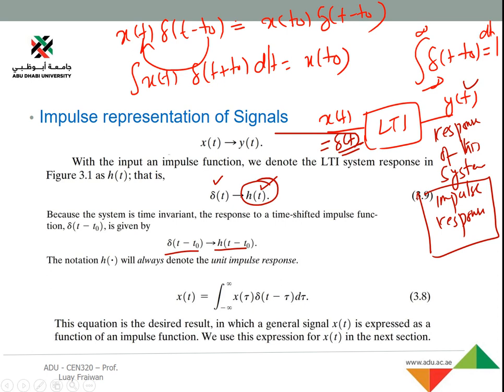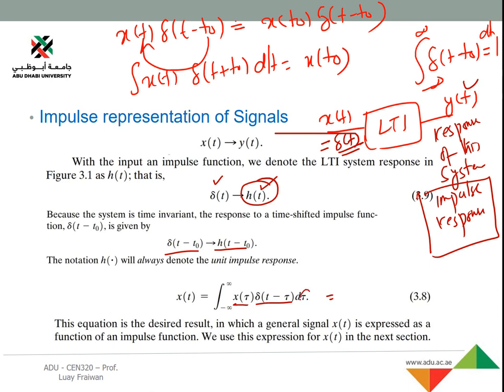So how are we actually getting this? If we want to get the original input, we know the impulse property: when a function is multiplied with the shifted impulse, we get the function value at the impulse location.